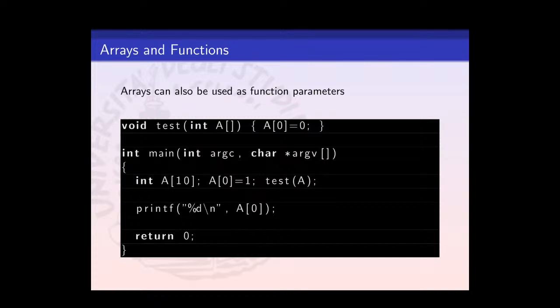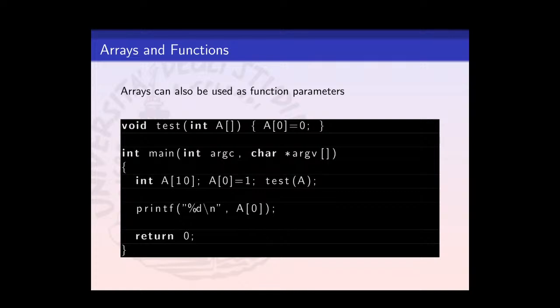Because the formal parameter definition is int a open square bracket, close square bracket. And this is a way to tell the compiler that the parameter will be an array. Now, inside the function, we are basically assigning to the first cell of the array the value 0. So we are changing the array itself.